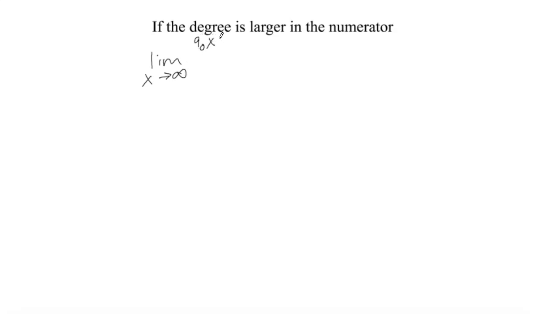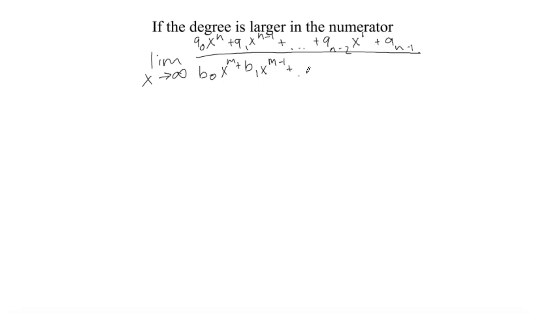Let's start with a sub 0 times x to the n, plus a sub 1 times x to the n minus 1, all the way until plus a sub n minus 2 times x plus a sub n minus 1, all of this over b sub 0 times x to the m plus b sub 1 times x to the m minus 1 plus dot dot dot all the way until b sub m minus 2 x plus b sub m minus 1.